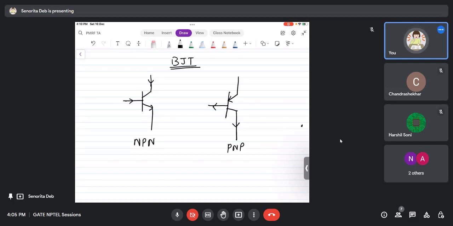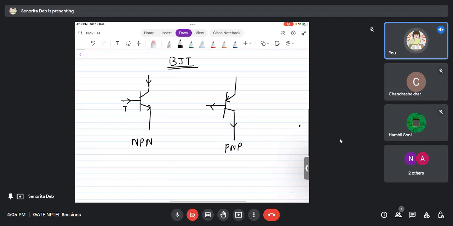The carriers differ because there is the majority carrier effect here. So the electrons and holes, because of that, the current direction is different. So for NPN, this is your base. So current IB, IC, IE. Okay, so you remember this arrow. So this arrow is in this direction, so the current IE is in this direction.